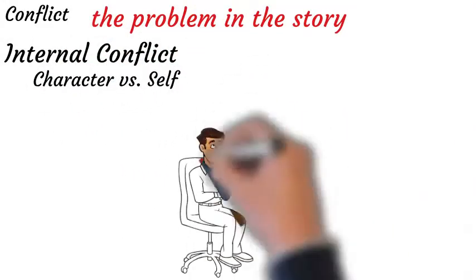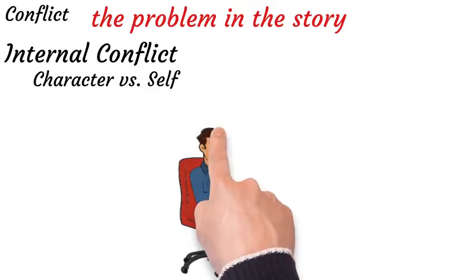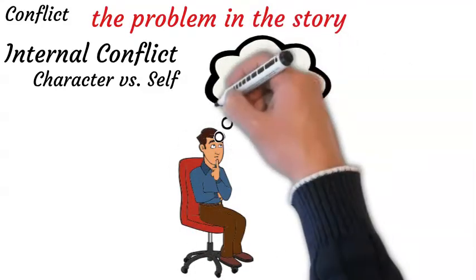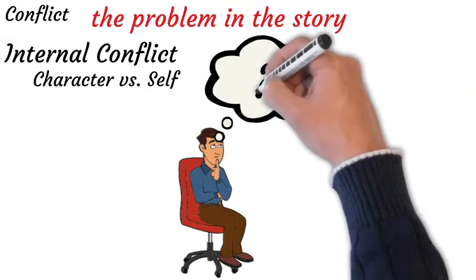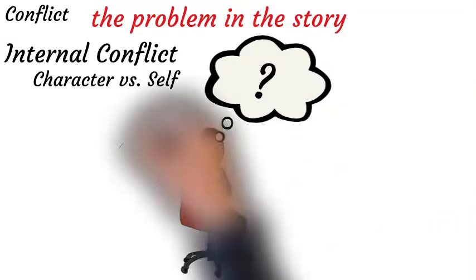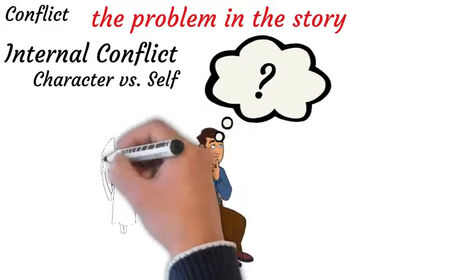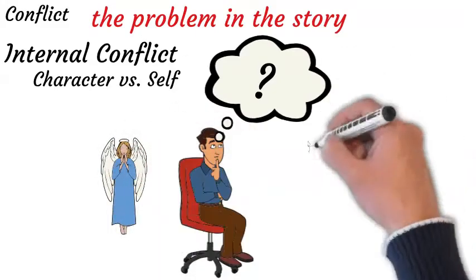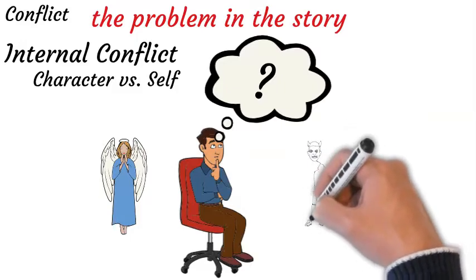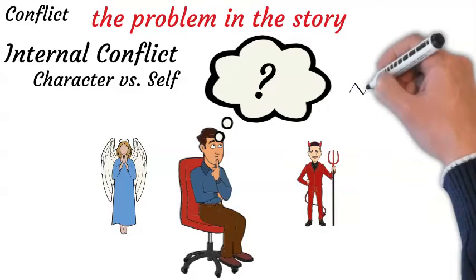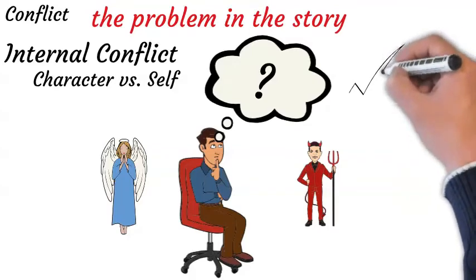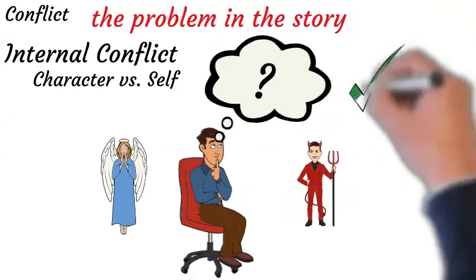If he's trying to make a decision, any sort of decision that's going to impact him, that would be character versus self, an internal conflict. If you've ever seen cartoons and you have an angel on the shoulder of a character and a devil on the other shoulder of the character, and they're trying to convince him or her to change their mind or make a decision, that would be a perfect example of character versus self.